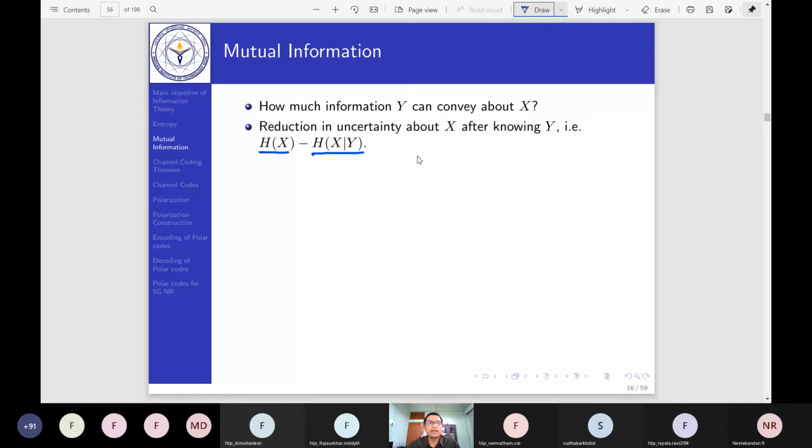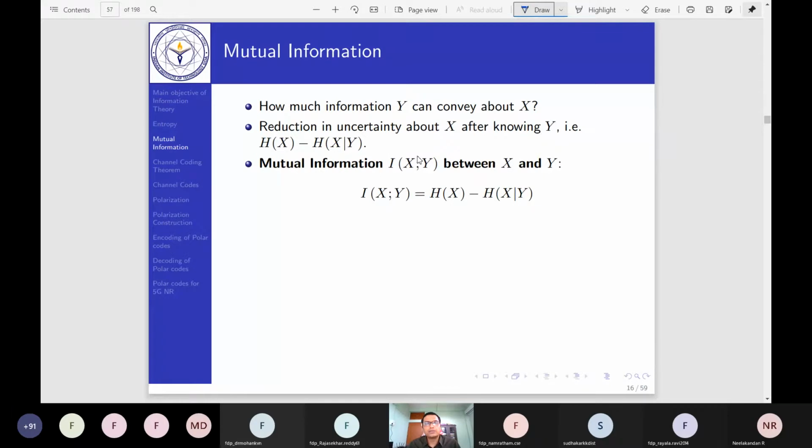So this difference is the reduction of uncertainty about x after knowing y. The mutual information I of x, y between x and y is defined as the reduction in uncertainty about x after knowing y. This difference is known as the mutual information between x and y. The notation is like this.